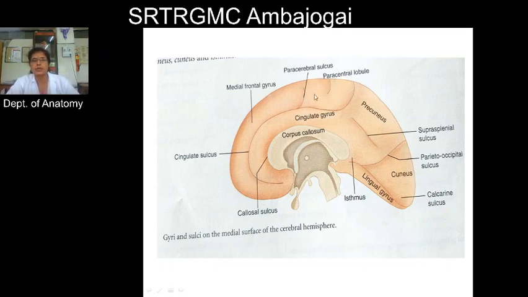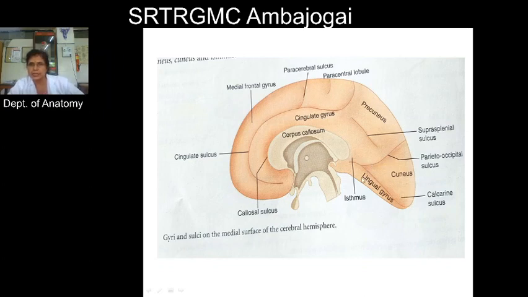So this paracentral lobule is the area around the central sulcus. Now in the posterior part, above the suprasplenial sulcus, there is the area called the precuneus.